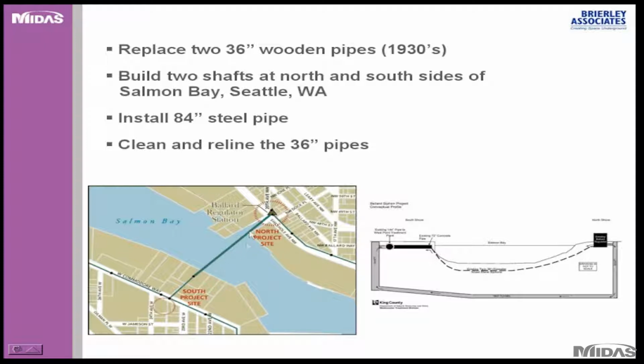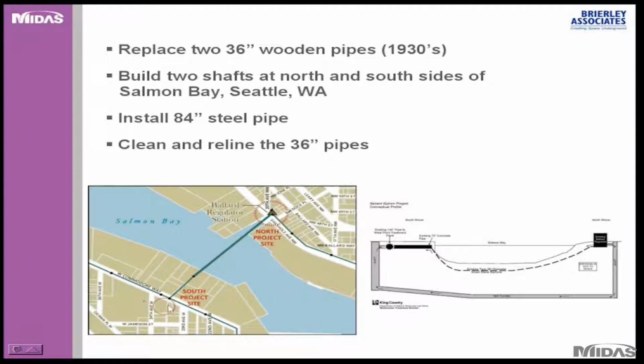As you see here in the plan view, the construction will involve building two shafts: a launching shaft at the south end of the Salmon Bay, and a retrieval shaft on the north side of the Salmon Bay.